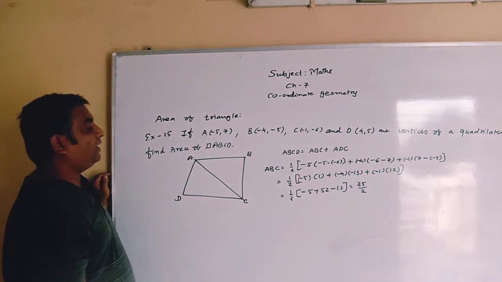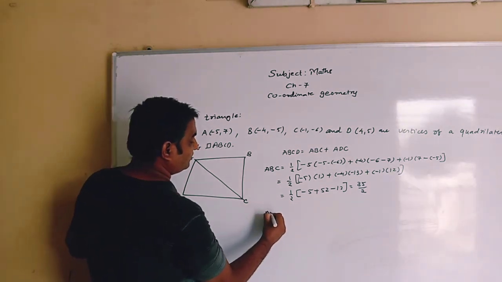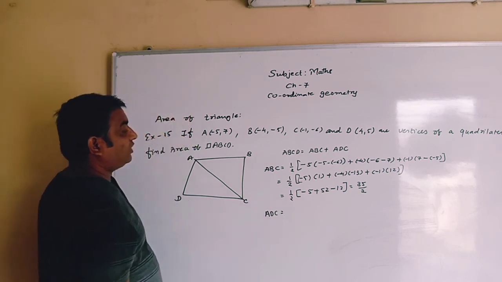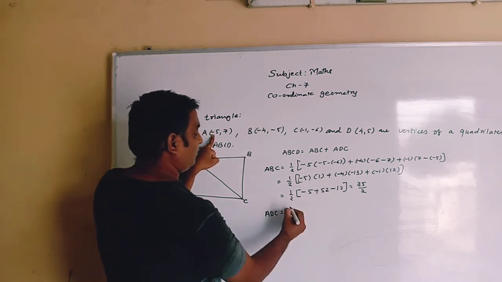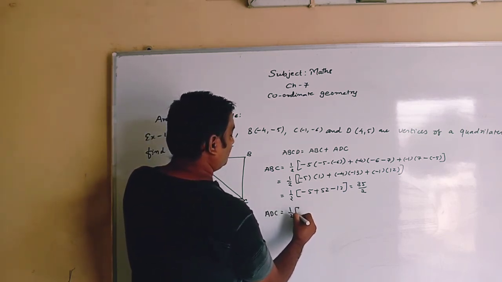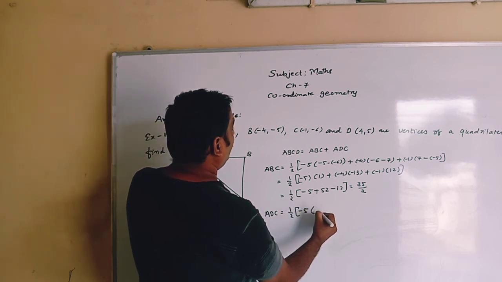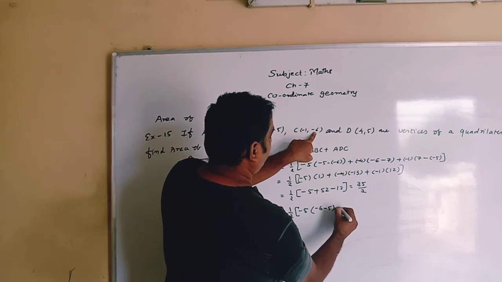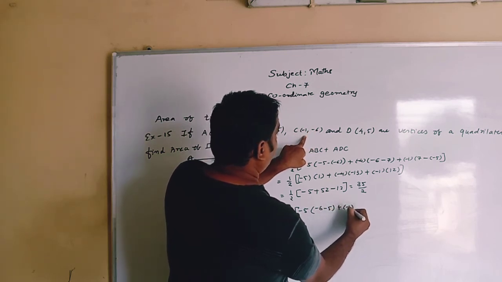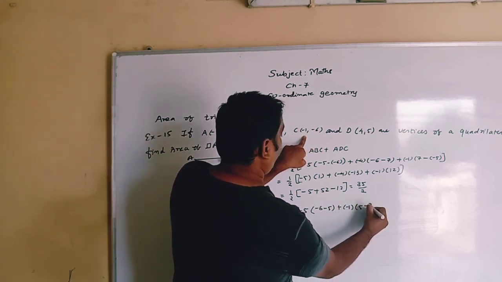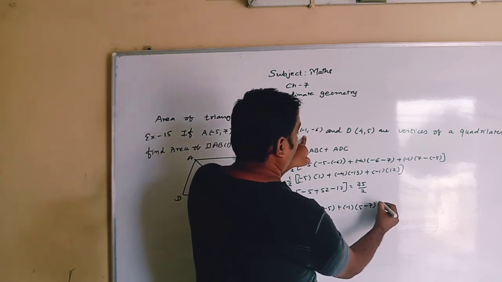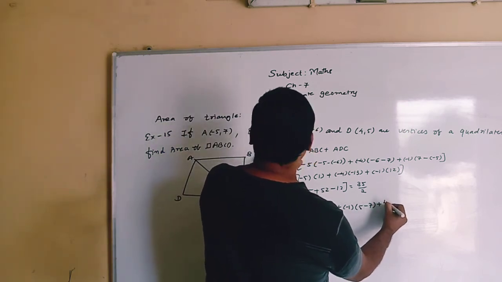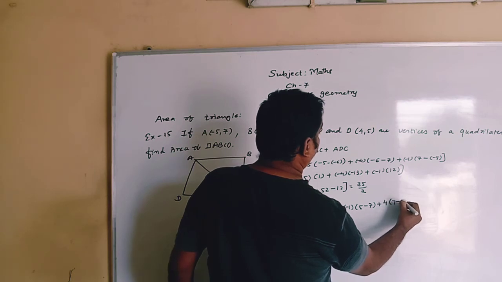Now we will find the area of ADC. And so ADC means −5 into (−6 − 5) plus −1 into (5 − 7) plus 4 into (7 − (−6)).